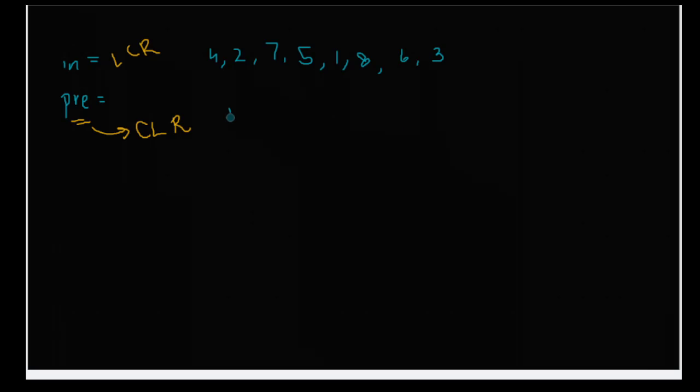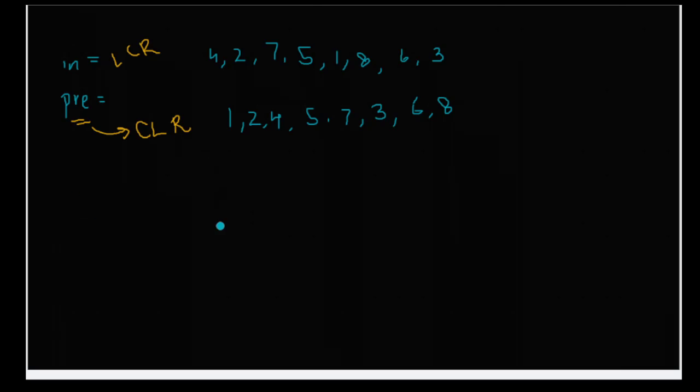The pre-order for this tree is 1, 2, 4, 5, 7, 3, 6, and 8. Just keep in mind the number of elements in the two arrays should be the same.